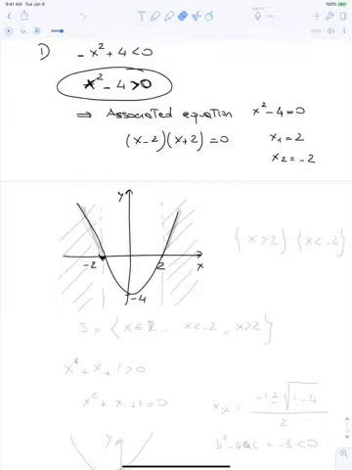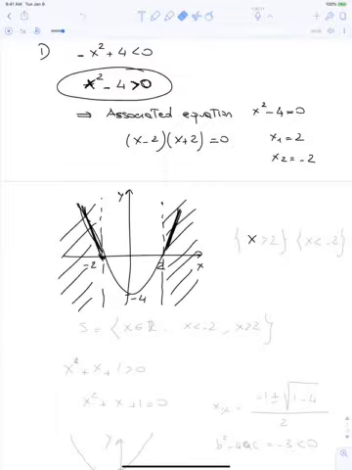Now, we want to know the intervals of values of x such that this object is greater than 0, which means above the x-axis. So it's going to be in this area of the plane and this area of the plane.